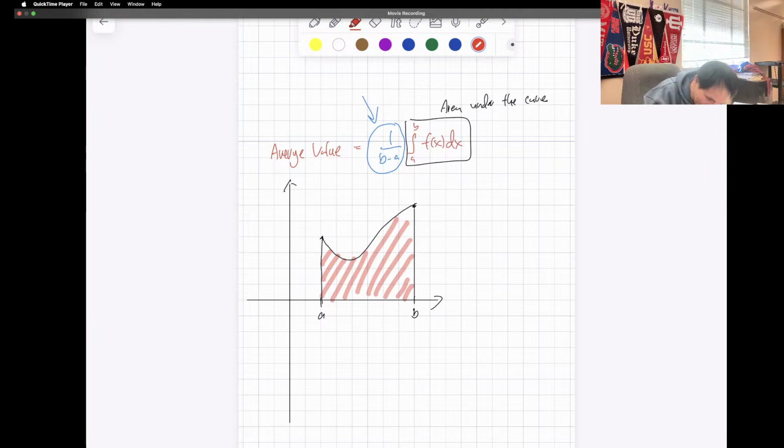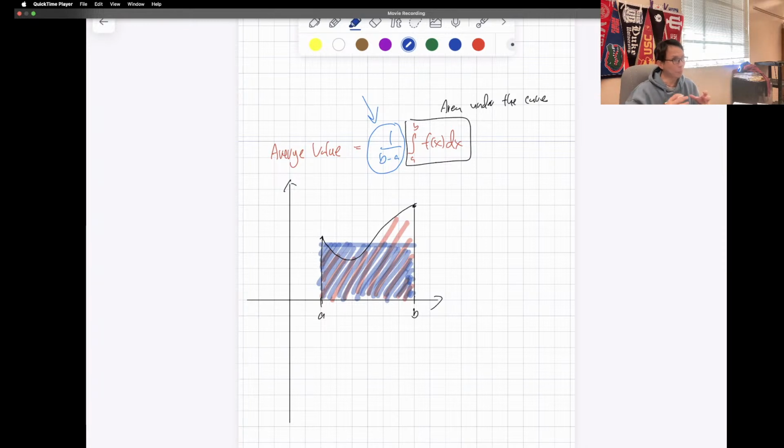Now, I'm going to draw another thing. What if I create a rectangle? This rectangle is going to be blue, and it's going to be right here.